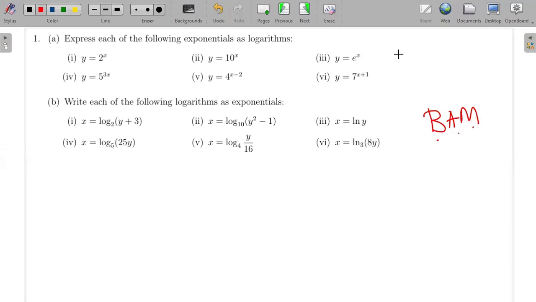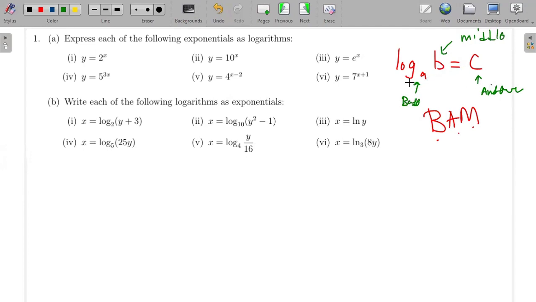When I write my logarithmic form, it will be log base A of B is equal to C. This A here is what we call the base, this C is what we're calling the answer, and this B here is what we are calling what is in the middle, between the base and the answer.